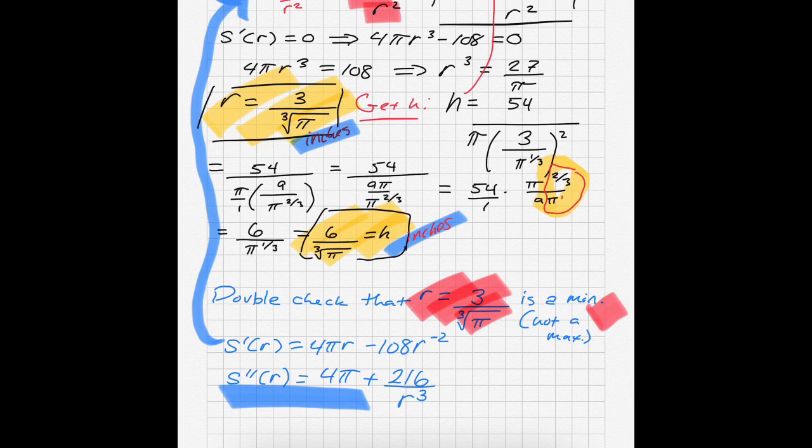For my r value, I have a positive r value here. If I take a positive value of r and plug it in here, this whole expression is positive, right? If that second derivative is positive, I know the graph is concave up, right? So indeed, I know I have a min as opposed to a max.